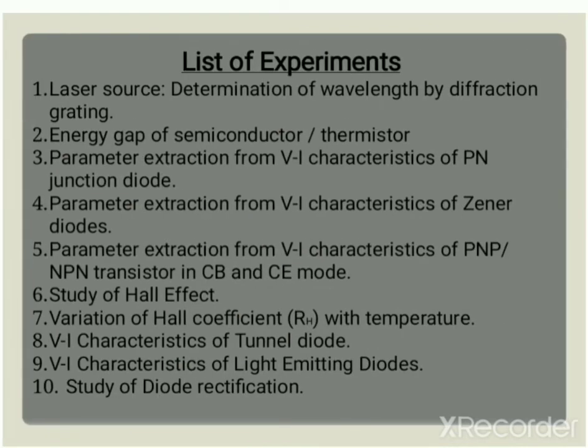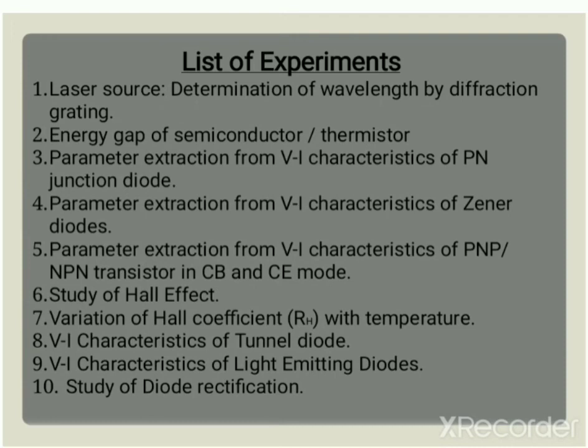Then the list of experiments. In total 10 experiments are related to these units. First, laser source, determination of wavelength by diffraction grating. Second is energy gap of semiconductor. Third is the VI characteristics of PN junction diode. Fourth is characteristics of Zener diode.